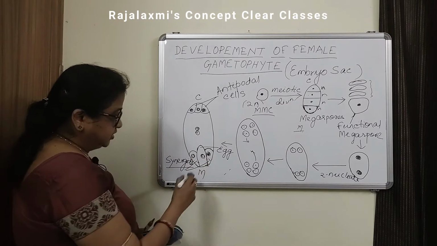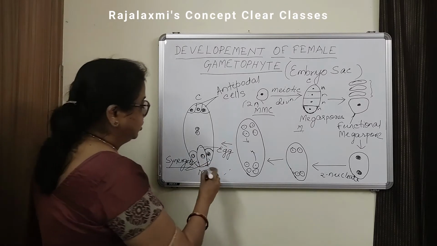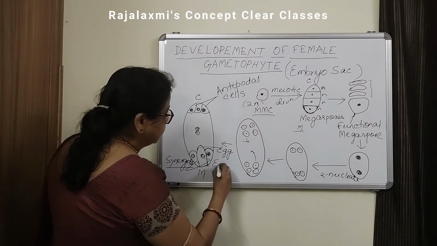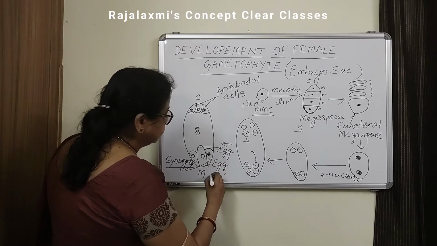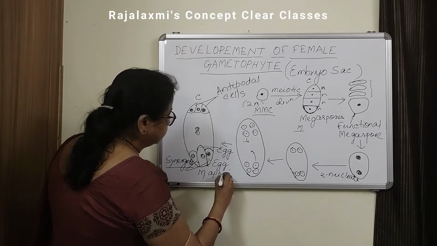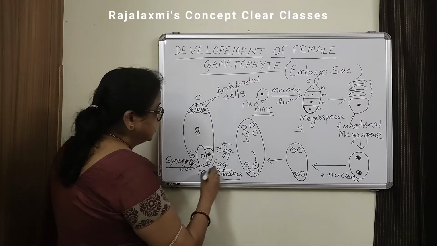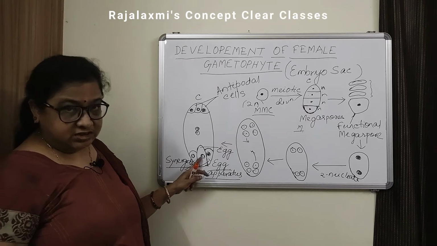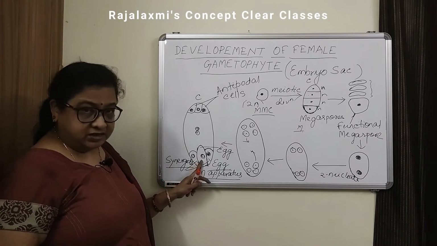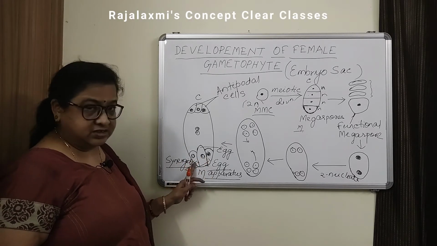And this egg and synergids together are known as the egg apparatus. So the egg apparatus consists of an egg at the center and 2 synergids.